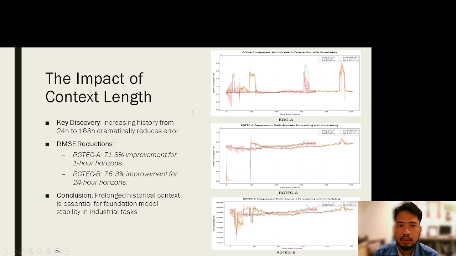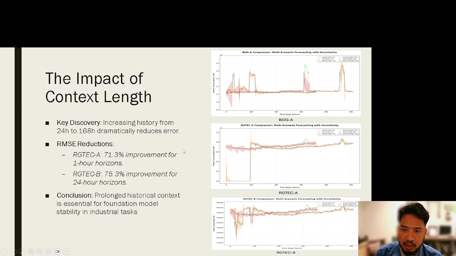Another thing that we would like to highlight is the impact of context length. The discovery is that increasing the history from 24 hours to 168 hours context length dramatically reduces the error. For example, for RGTech A, we obtained a 71.3% improvement for the 1 hour horizon, and for RGTech B, we obtained a 75.3% improvement for the 24 hours horizon.